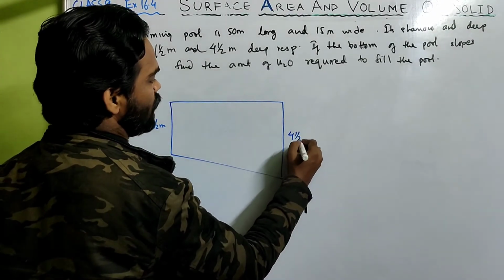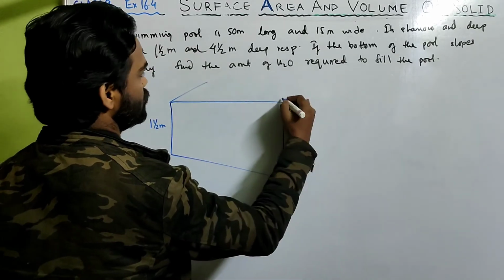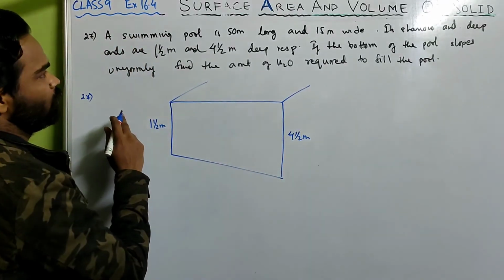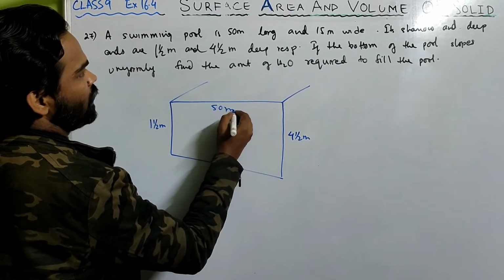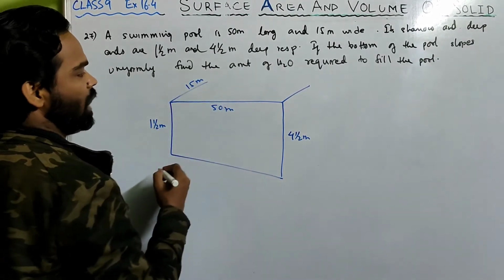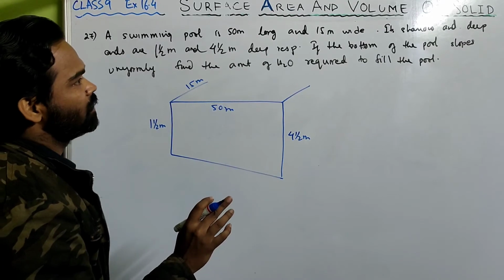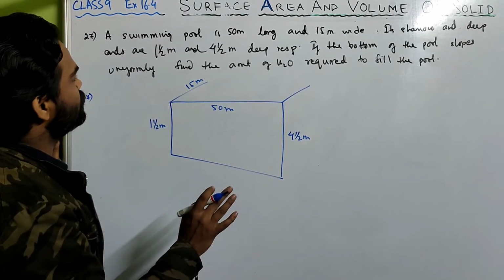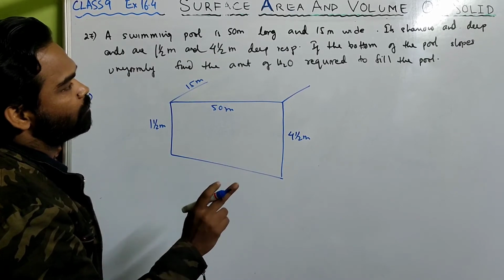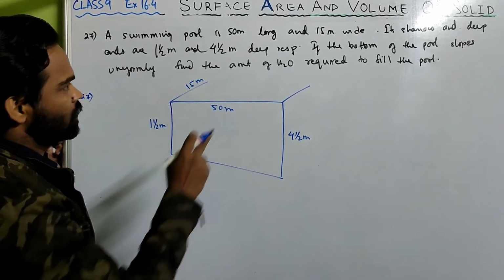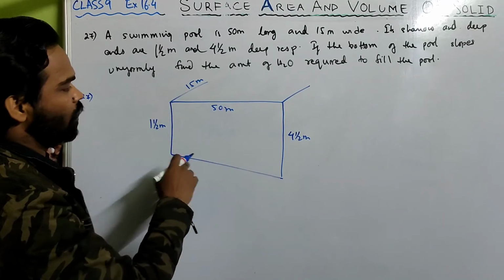This is 4.5 meter. A swimming pool is 50 meter long and 15 meter wide. Am I clear? Its shallow and deep ends are given like this. Find the amount of water required to fill the pool. They've given that the bottom of the pool slopes uniformly.